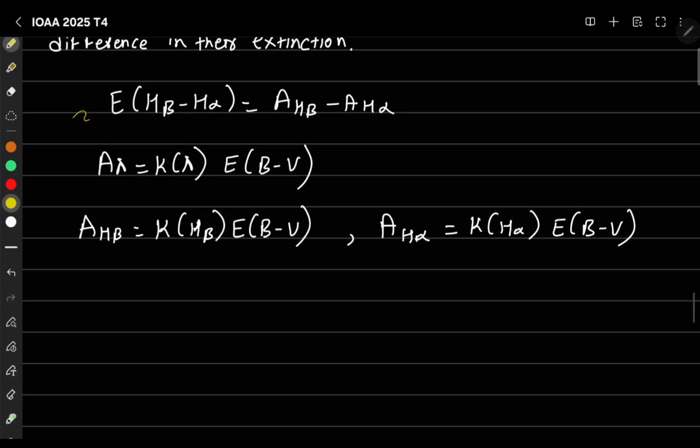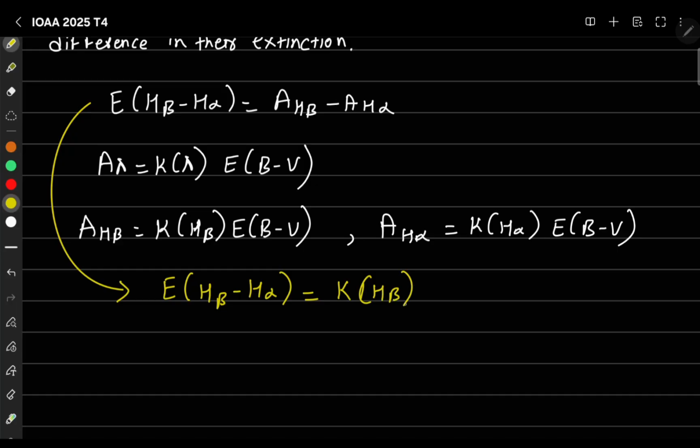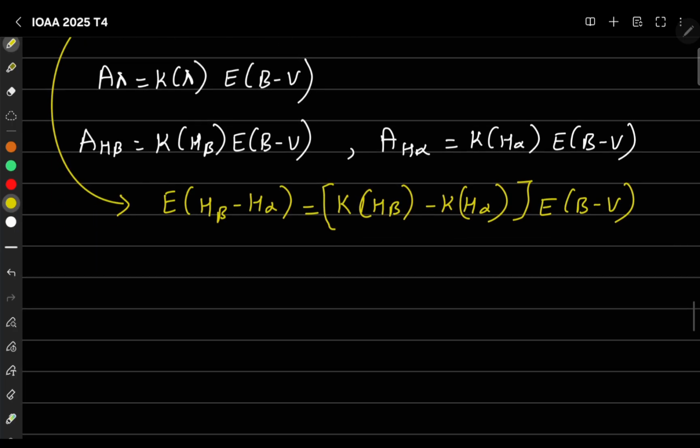So I can now write this relation as E(Hβ − Hα) equals (K_Hβ − K_Hα) E(B−V), right?